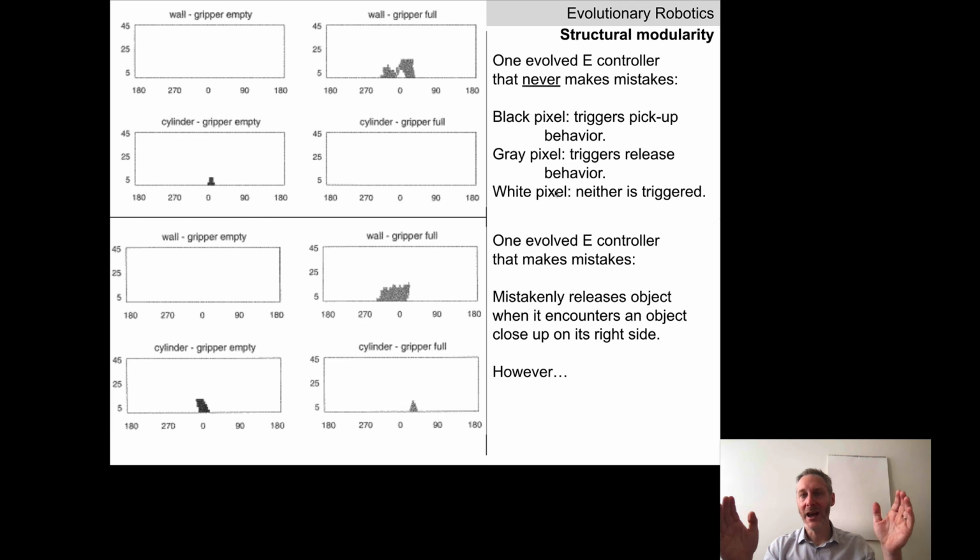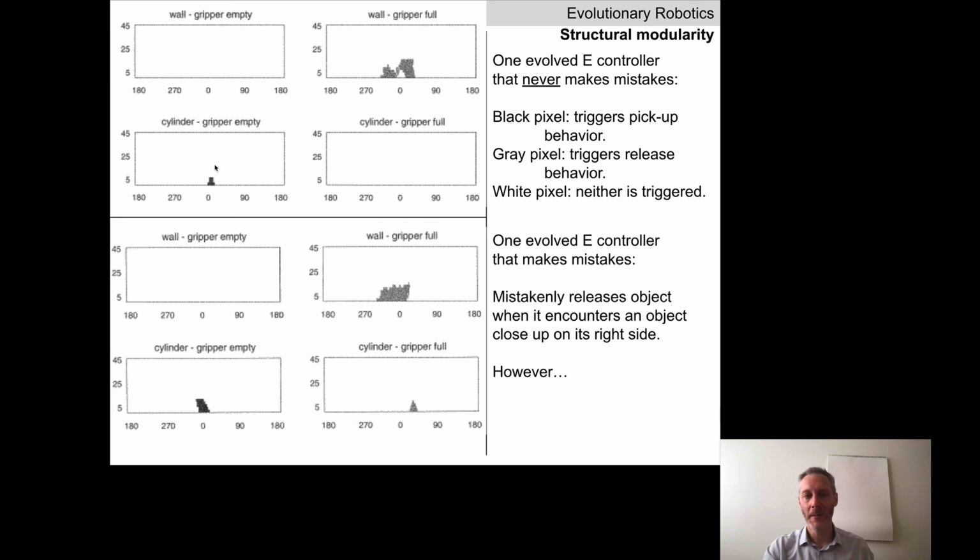White means neither pickup nor release was triggered, which is most of the time. Black pixels correspond to triggering of the pickup behavior, and gray pixels represent triggering of the release behavior.